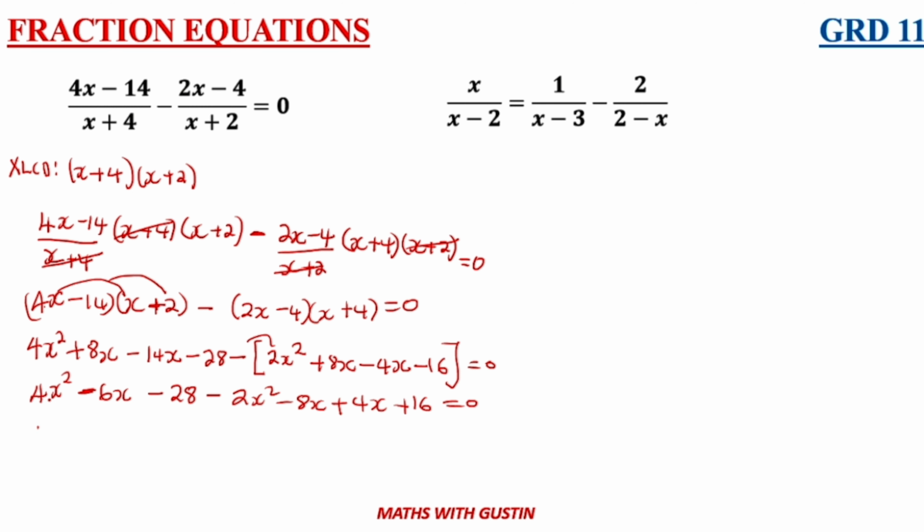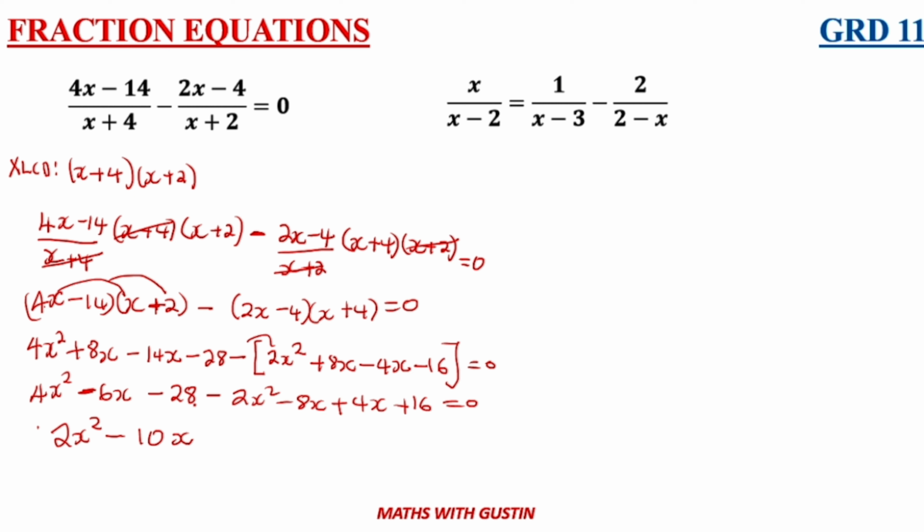Okay, therefore 4x squared minus 2x squared is going to give us 2x squared, and then negative 6x plus 4x is going to give us negative 2, and then negative 8, so it's going to be negative 10x.